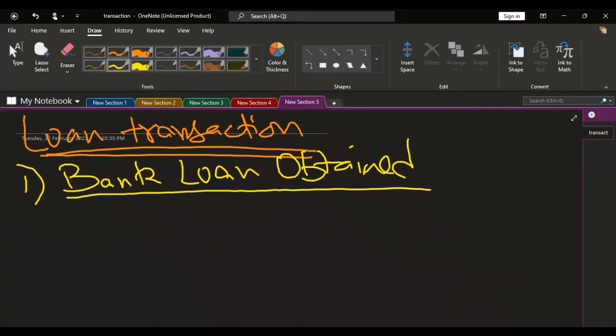So what will happen when a bank loan is taken? Firstly, funds will be received in the form of cash or check. Then the cash in the business will increase.